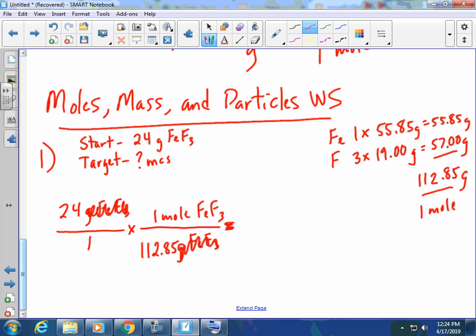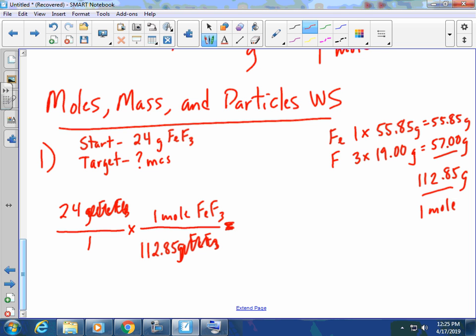All right? So all I'm doing is I'm taking that 24 grams of FeF3. I want to know how many moles that would be. I know there's 112.85 grams in 1 mole. So do you guys think I have more than a mole or less than a mole? Less? How many grams of FeF3 would I have if I had 1 mole? 112.85, right?